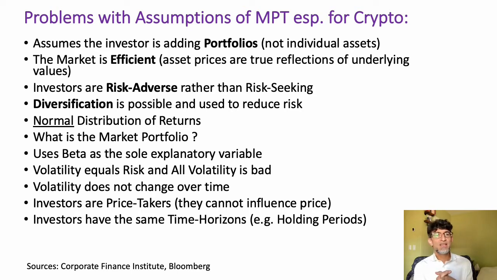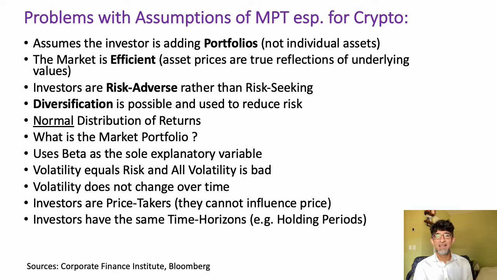The first one, and I'm reading this bullet number 1, is that it assumes that the investor is holding portfolios. Now, if you watch YouTube videos on MPT or talk to a wealth advisor, they're going to talk to you about diversifying your crypto portfolio by buying Bitcoin and Ether and Solana and Avalanche and Phantom and Ripple and Litecoin, and the list goes on and on.